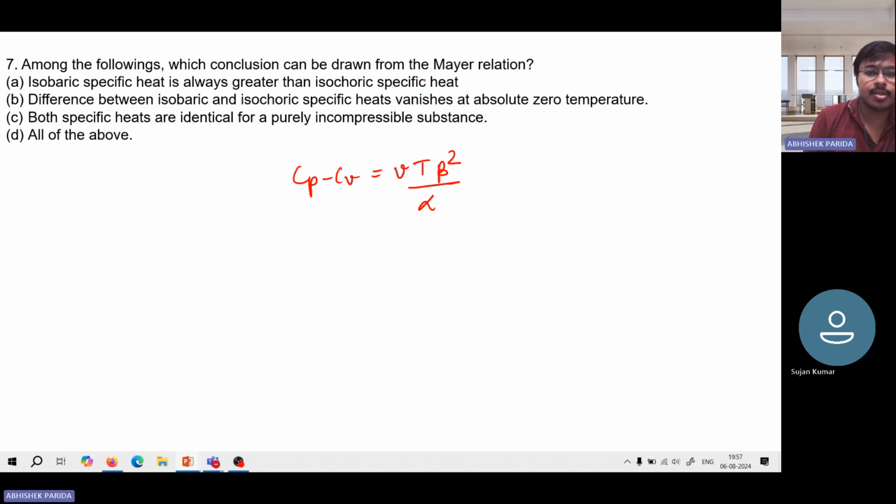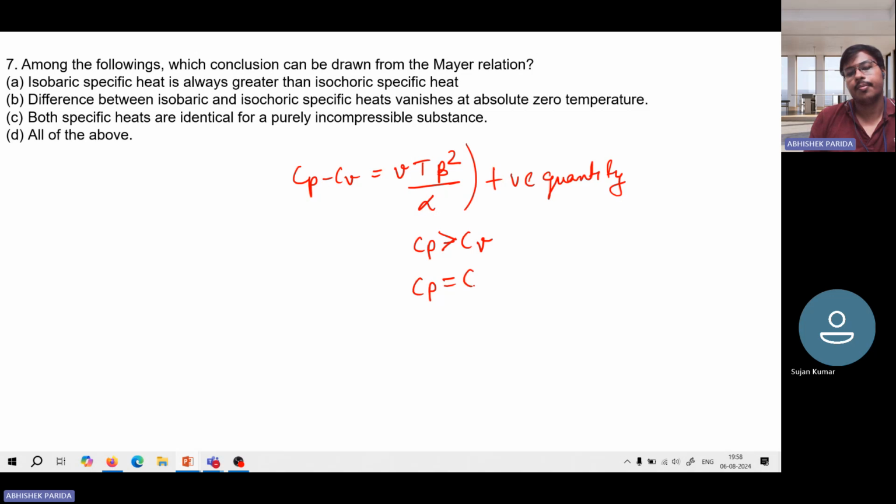So Cp minus Cv is, we know, this is Mayer's relation, where it is specific volume times temperature times beta squared by alpha. From this we know this quantity is always a positive quantity. That means Cp will always be greater than Cv. At minimum, it can be equal. So what are the cases when it is equal?